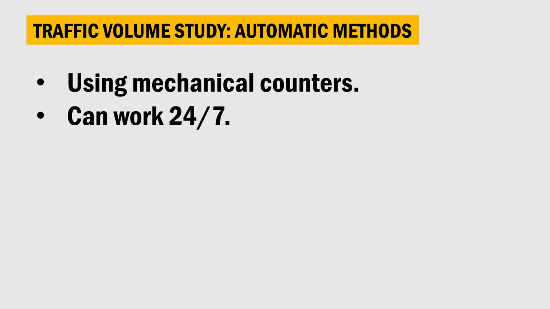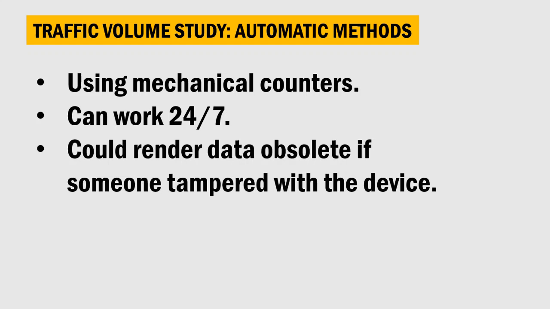One advantage of using the automatic method is that they can work 24/7 without interruption. However, the data could be rendered obsolete if someone tampered with the device. Let's say, for example, if someone keeps on driving over an automatic counter fitted in a roadway to tamper with the data, then the data could be useless. And it could also be expensive.